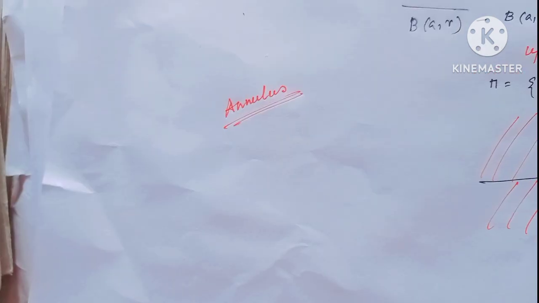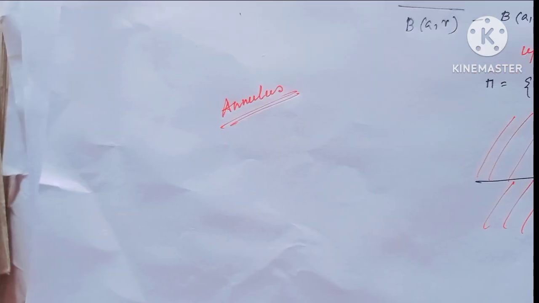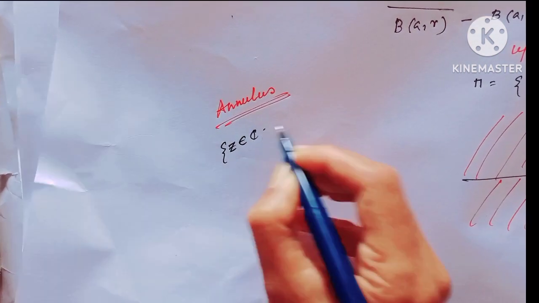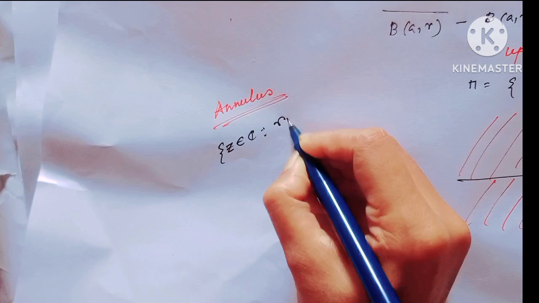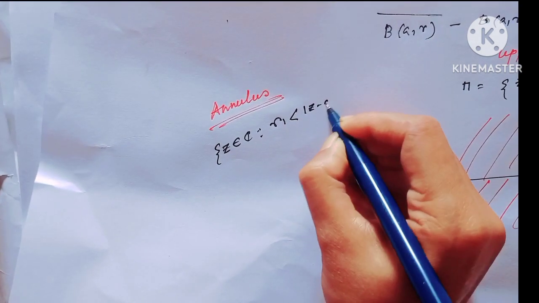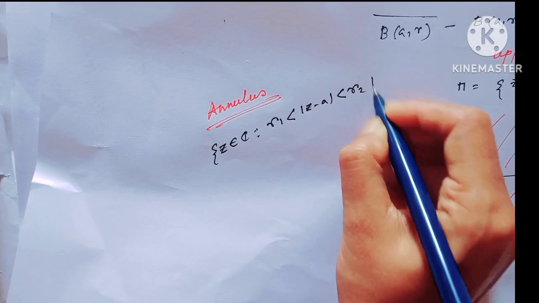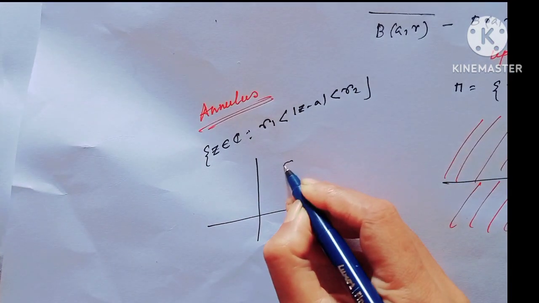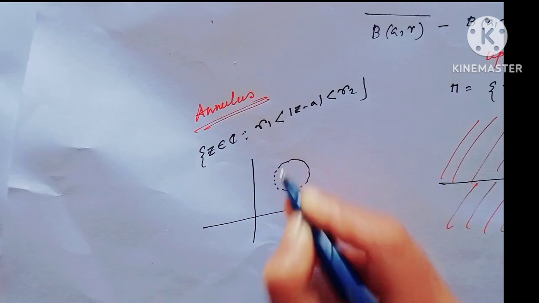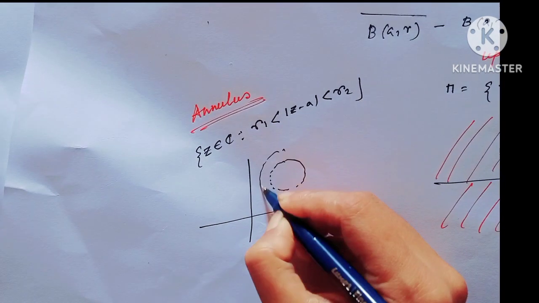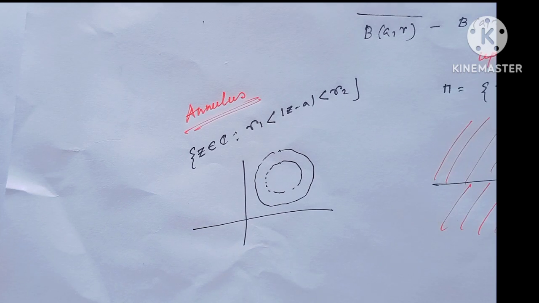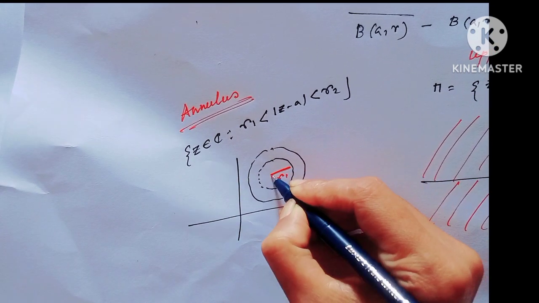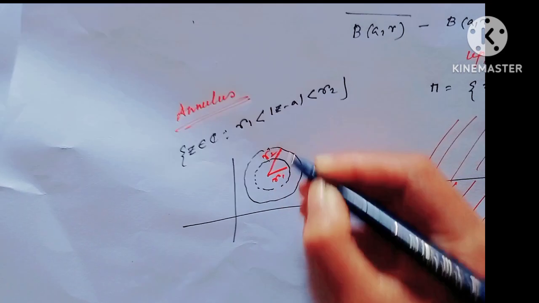We will see what an annulus is. An annulus means the set of those complex numbers such that R1 is less than mod z minus a, which is less than R2, and the picture would be of this type. This is the ball of radius R1 and this is the ball of radius R2.